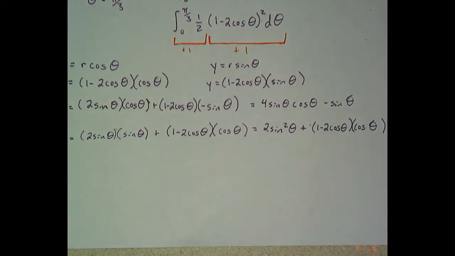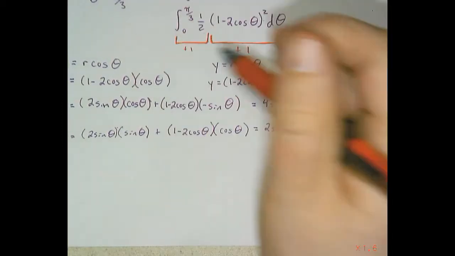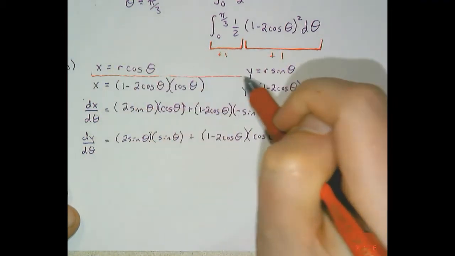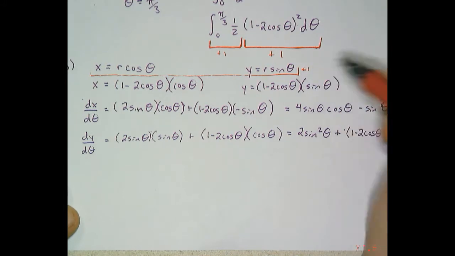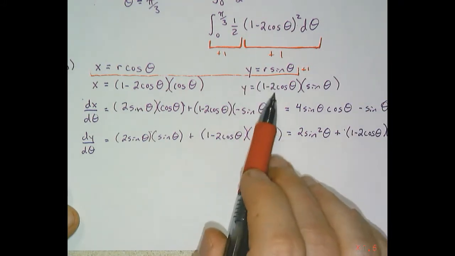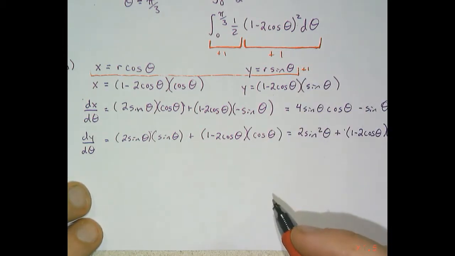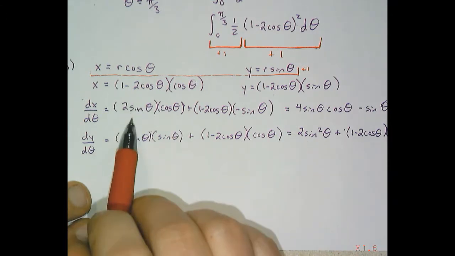When it comes to scoring the points on this one, your first point comes from recognizing that x equals r cosine theta and y is r sine theta. Recognizing and writing that down in either form gets you your first point. Your second point comes from finding dr d theta, and we did that when we were looking at this.